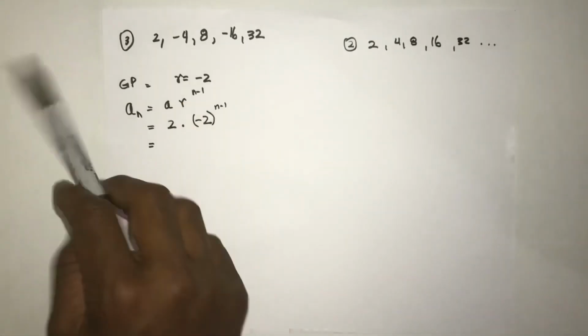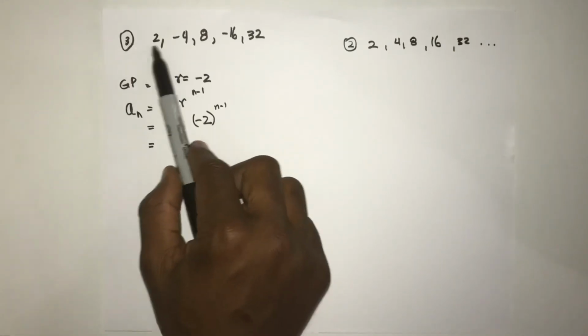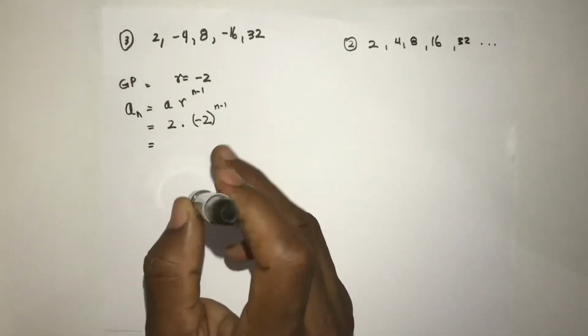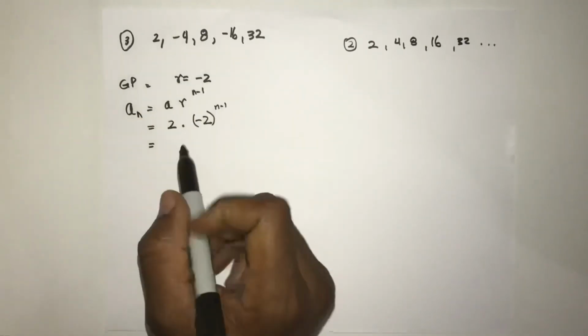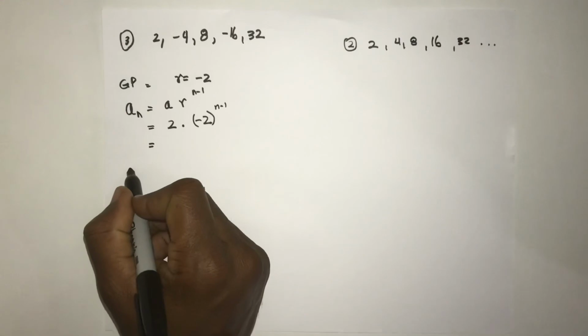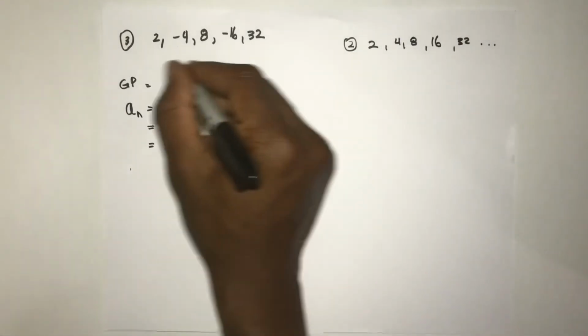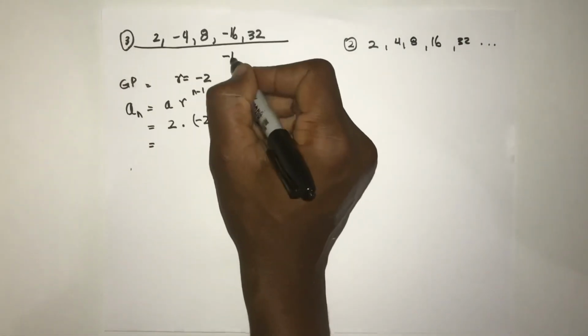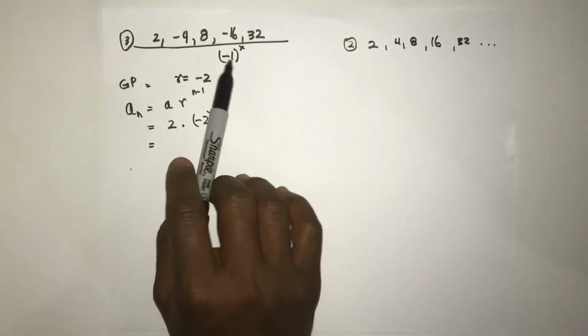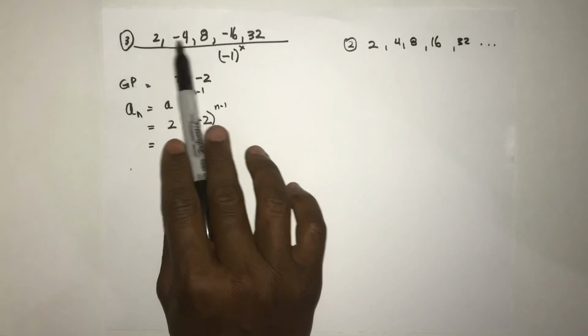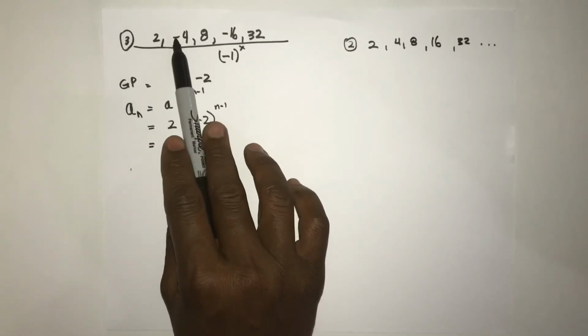Now a point to note is that whenever you have a sequence that has alternating signs, the first thing you should consider in terms of getting the alternating sign is that it will always be negative 1 raised to some power. That is the first thing that should come to mind whenever you're trying to get alternating signs.